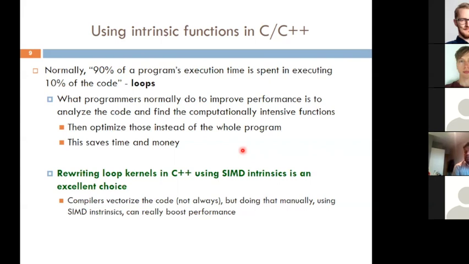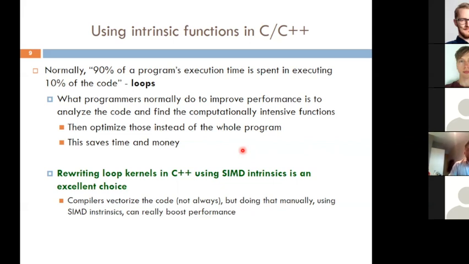For example, I have been using Intel VTune Profiler a lot to find computationally intensive functions. What are the bottlenecks in the code? What functions can we find? Then we can optimize only those functions that are really computationally intensive.